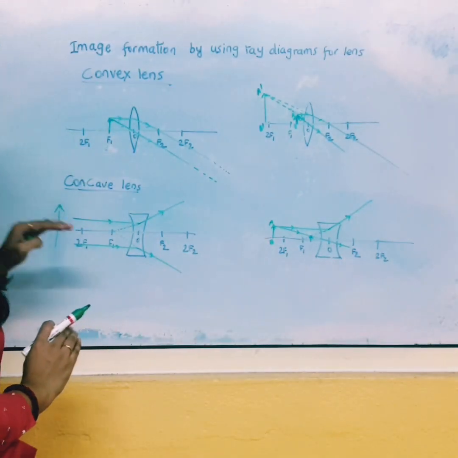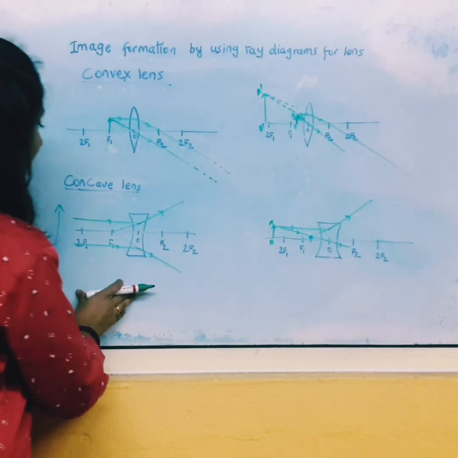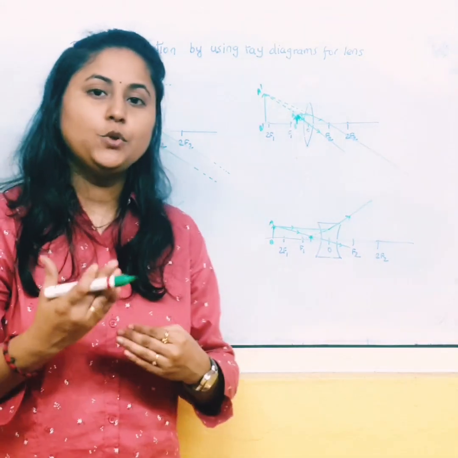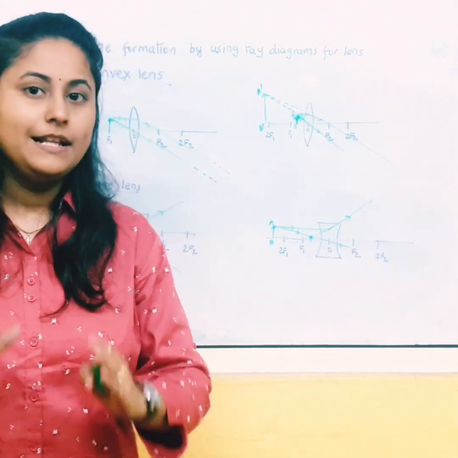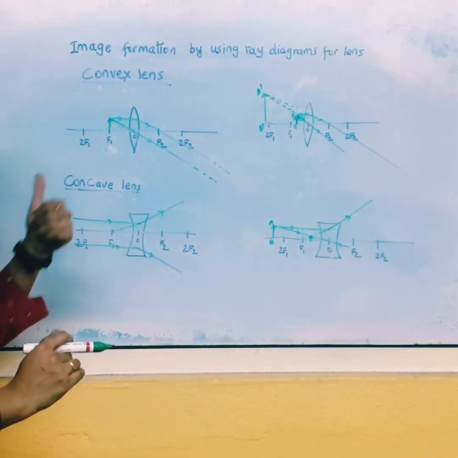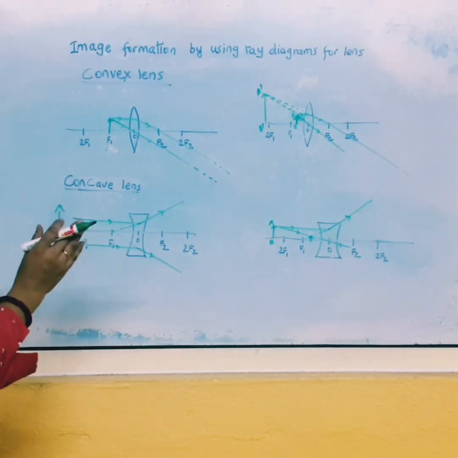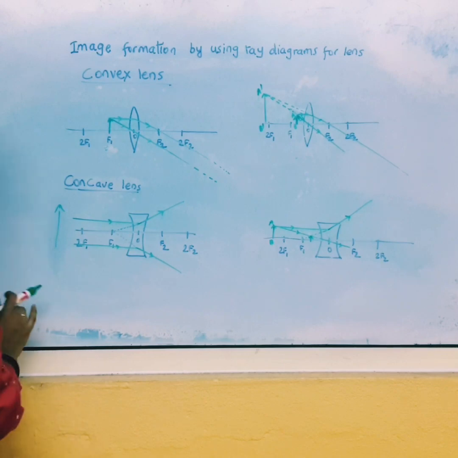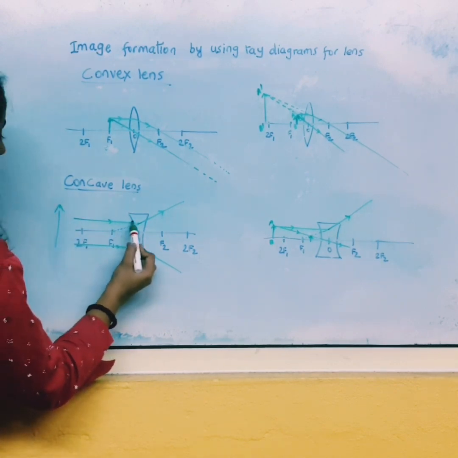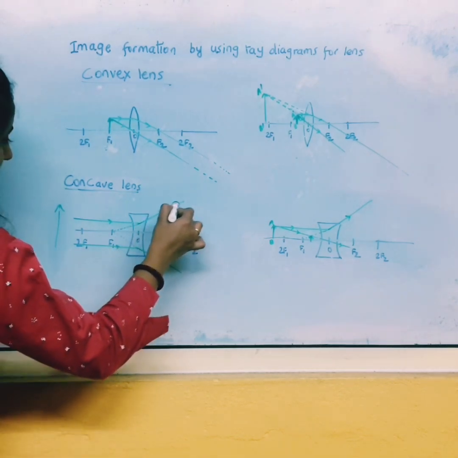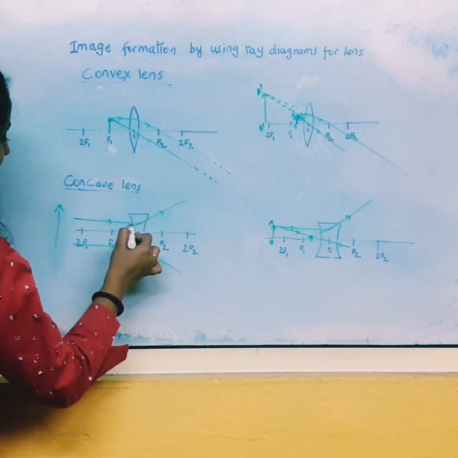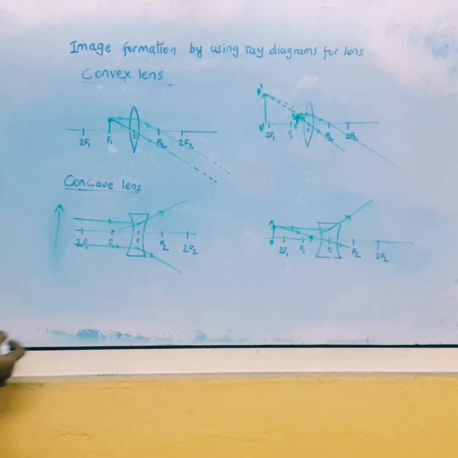Now let's move to concave lens. In case of concave lens, just like you had just 2 image formation diagrams for convex mirror, it is the same for concave lens. Okay. So the first case is when the object is kept at infinity. The ray comes parallel to the principal axis. After refraction, it takes this path, but it diverges from the principal focus on the same side of the lens.